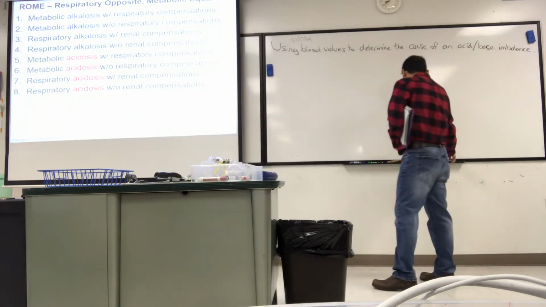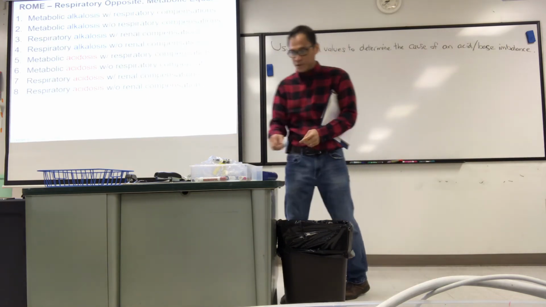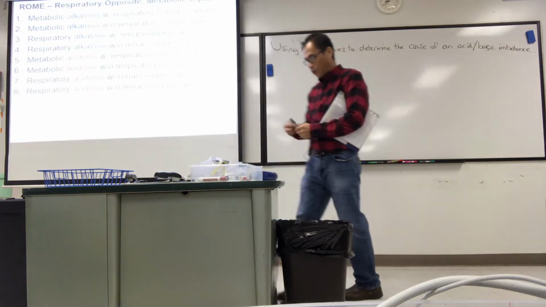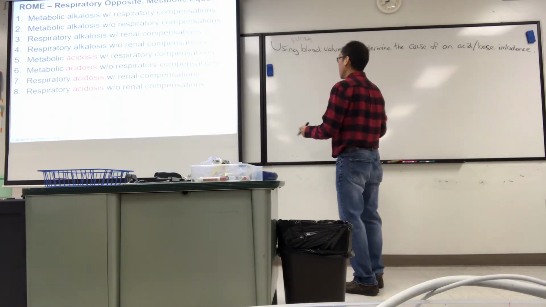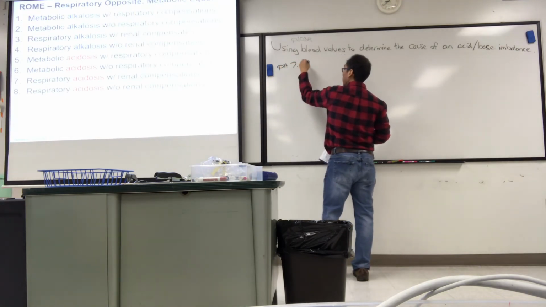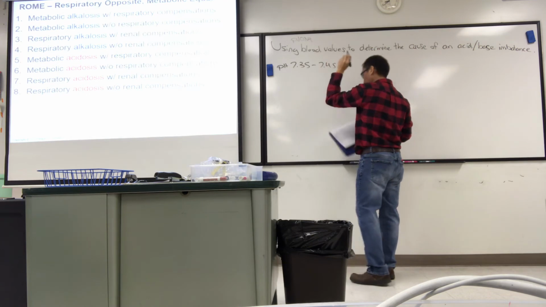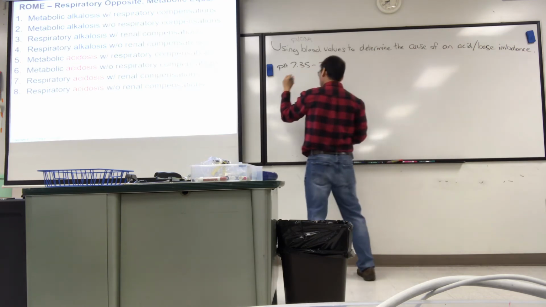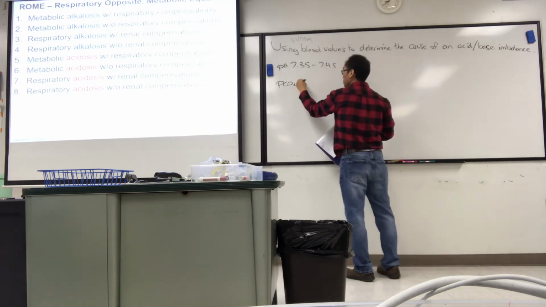So when you study this, the first thing you do is commit to memory the normal ranges that we just went through. Let me write them on the board. What was the normal range for pH? 7.35 to 7.45. Okay. The normal range for PCO2? 35 to 45 millimeters of mercury.